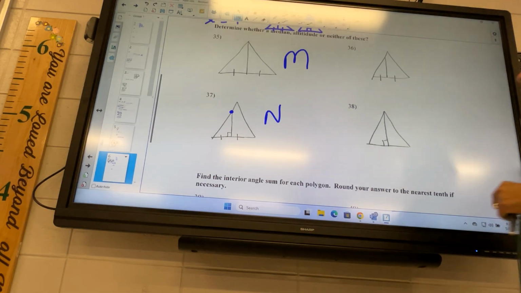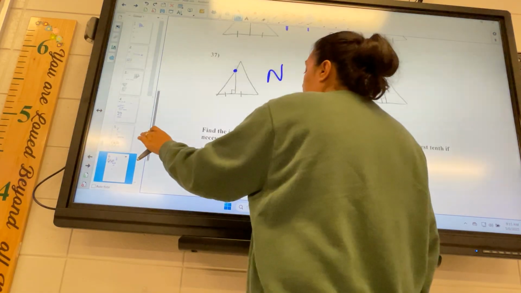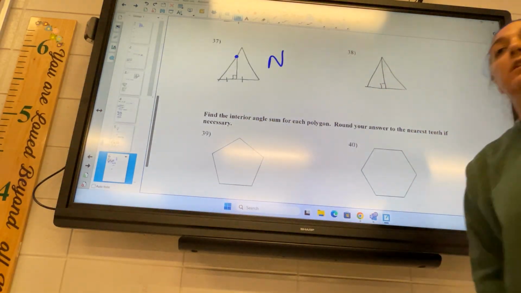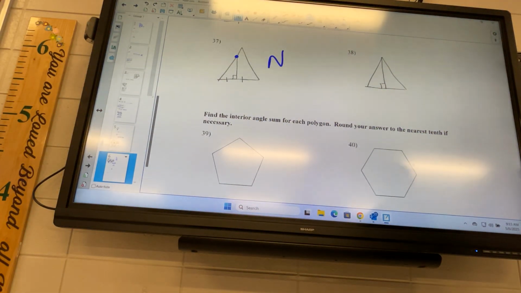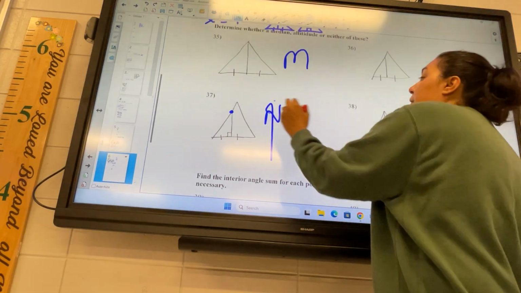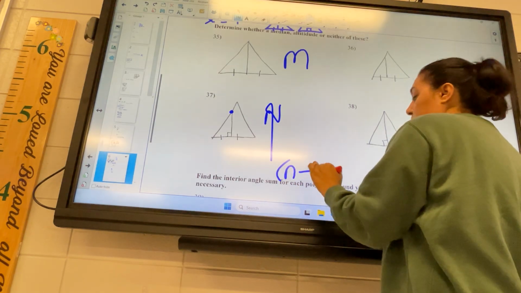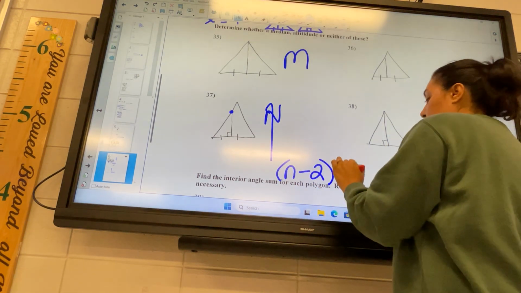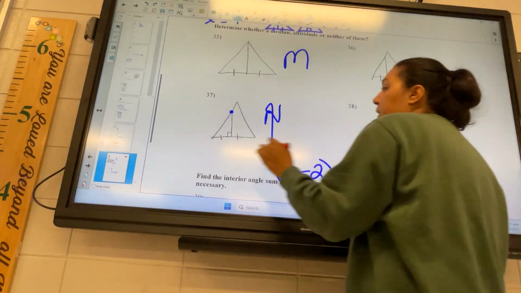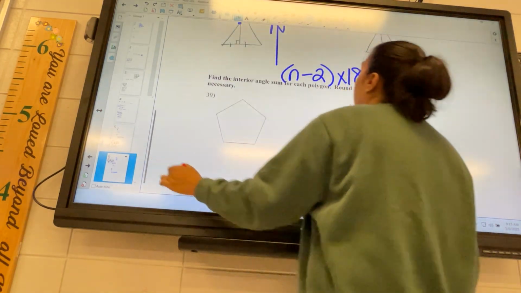Okay, and then last one for today, 39. We're going to use, what's the formula? We just did this not too long ago. Parentheses, number minus 2, times 180, okay? What does the n stand for? Number of sides.